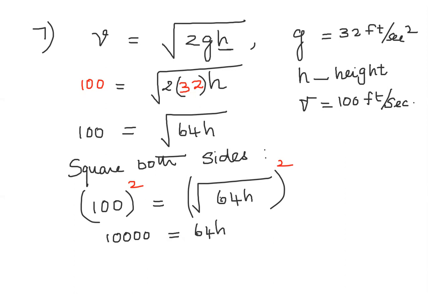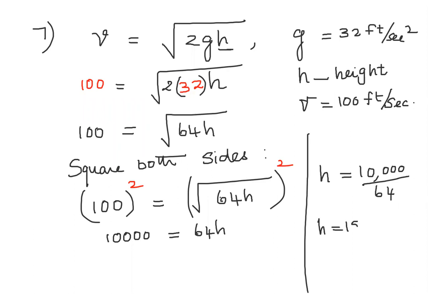So divide by 64. So we get h equals 10,000 over 64, which is going to be 156.25 feet. So that's the end.